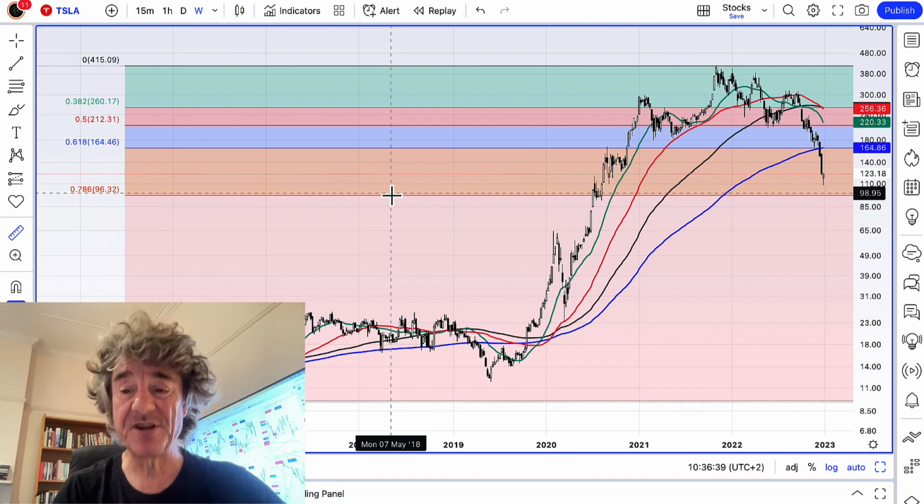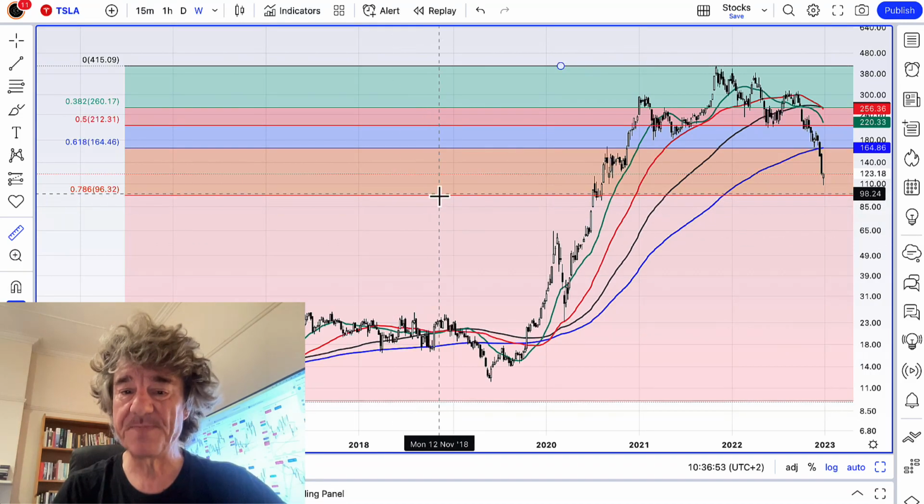So EVs are here to stay, at least for the short term, until we can figure out how to deal with the battery waste produced by these vehicles. But for now, it looks like they're in for the long term, or at least the medium long term. And therefore, we'd expect the 78.6% Fibonacci to hold.